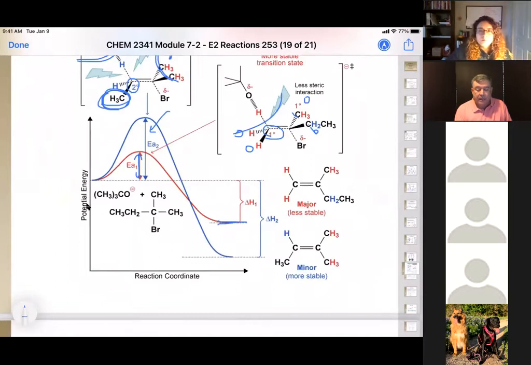If you do heat it up a lot, you might get some molecules to do this, and you can get the more thermodynamically stable, but it's always going to be the minor product because it's the slower reaction. This reaction is the kinetic reaction, and it's going to happen faster. The other one is the thermodynamic reaction. It's going to happen less because of the higher activation energy. Question on that?